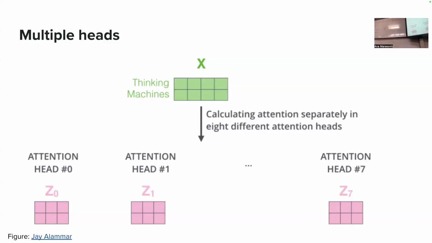Other heads can be, for example, for reference resolution, which is a classic task of finding which mentions of entities refer to the same entity. For example, if I say John was walking, he fell, we want to understand that he refers to John. So one of these heads can have high importance only between entities and all of their mentions, and so on.